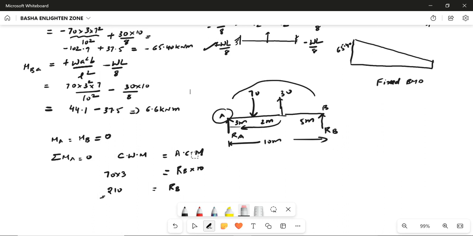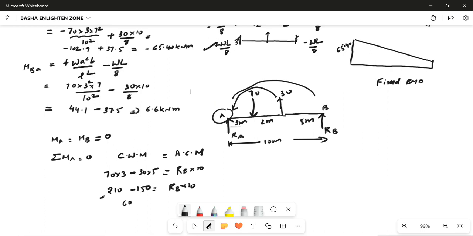So this one will be RB into 10, anti-clockwise towards A. This one also is anti-clockwise towards A, not clockwise. That is minus 30 into 5, which is minus 150.